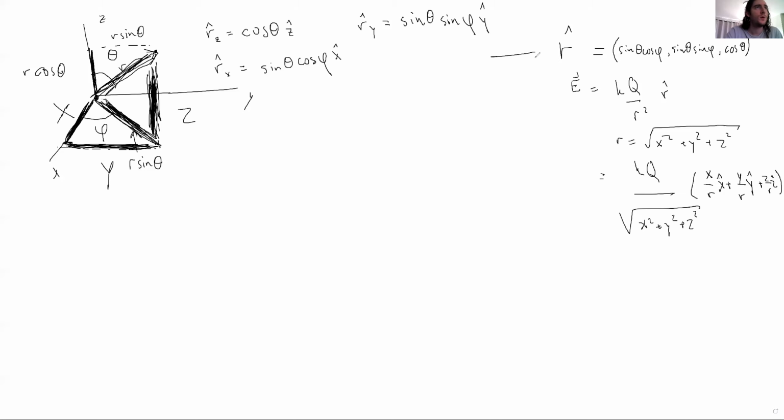So we can also write this vector as x over r, x hat, plus y over r, y hat, plus z over r, z hat. And you can definitely check for yourself that this is indeed a unit vector because we've divided by r. If I compute the dot product of this vector with itself, I will end up with x squared plus y squared plus z squared divided by r squared. Well, that's the same thing, so we get 1.